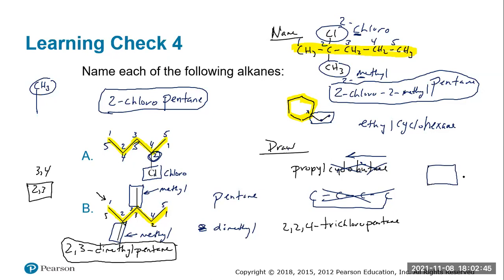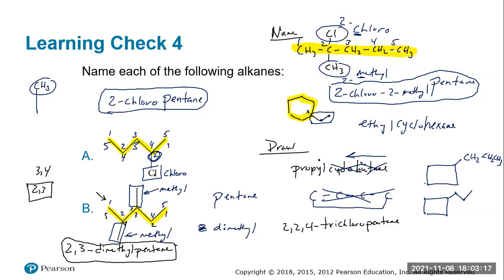A carbon at each corner is 4 carbons, and propyl is 3 carbons, which would be something like CH2, CH2, CH3, as I squeeze it in there. If you want to go all line, it would look something maybe like this: 1, 2, 3 carbons. Any questions on that one?